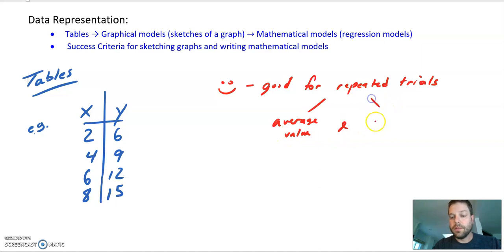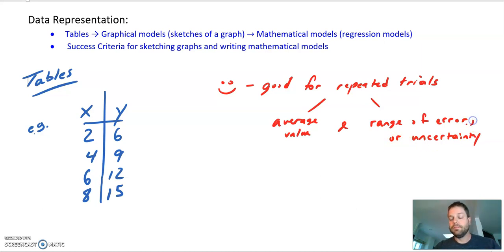And what's more important about this is I can get a range of error, or what I tend to call uncertainty. There are a lot of measures for error when you take a statistics class, but we're just going to keep it really simple: error equals the highest value of our repeated trials minus the lowest.